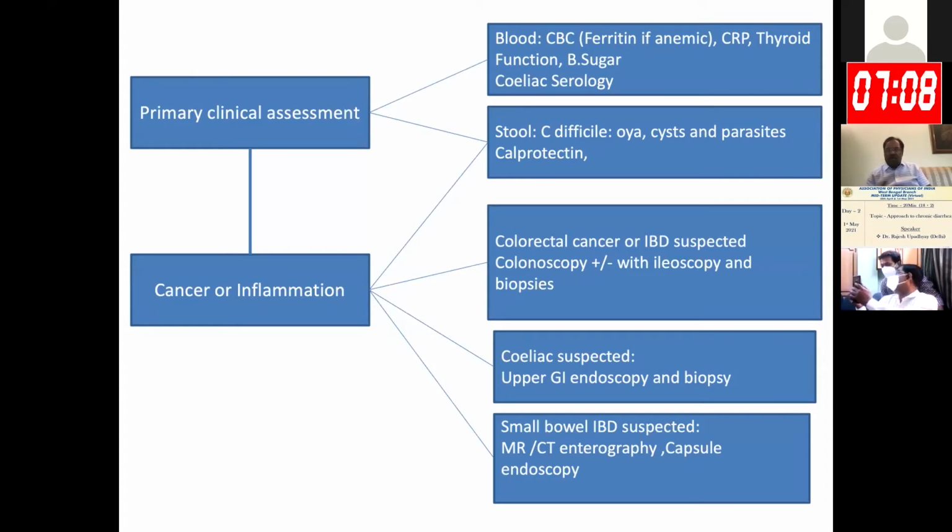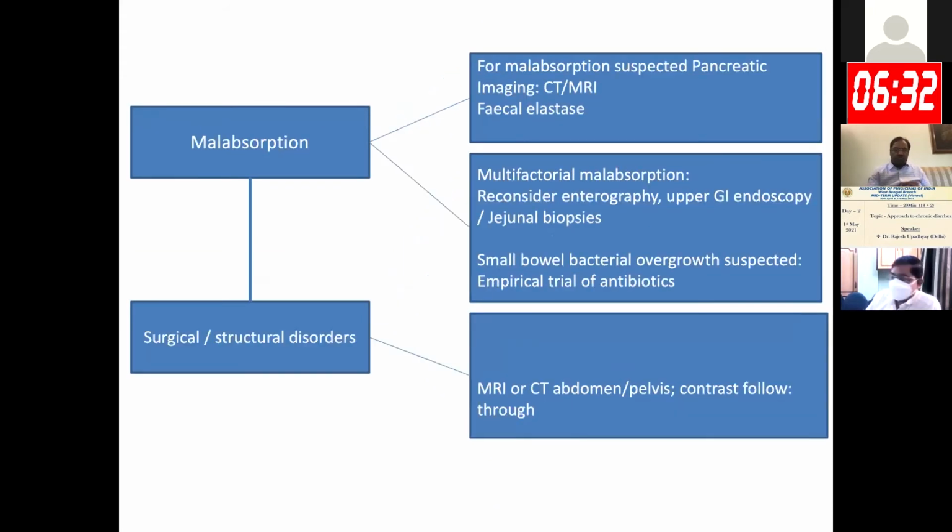On the other hand, if you have a patient with inflammatory type of diarrhea or malignant diarrhea, then we have to go ahead with colonoscopy, ileoscopy, biopsies. For celiac disease, apart from doing the serological testing, we do the upper GI endoscopy and biopsy. And for small bowel type of inflammatory bowel disease, it is recommended that we do not go for barium meal follow through, but we go for MR or CT enterography, and capsule endoscopy, if you have the facility, can be very useful as well.